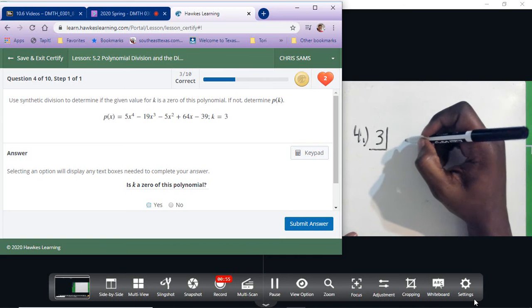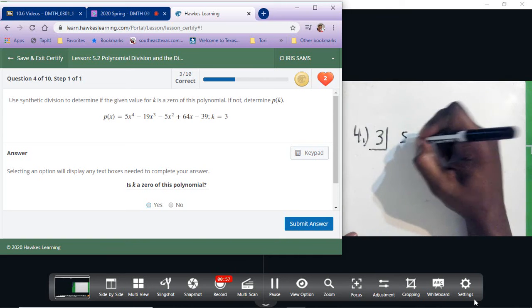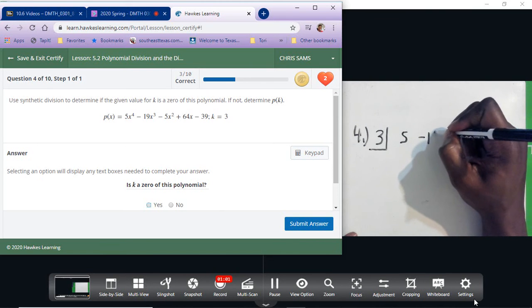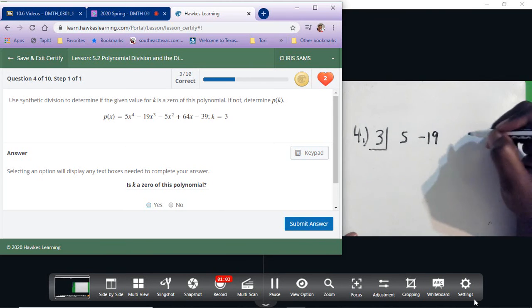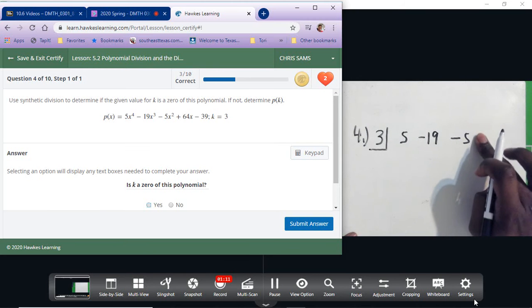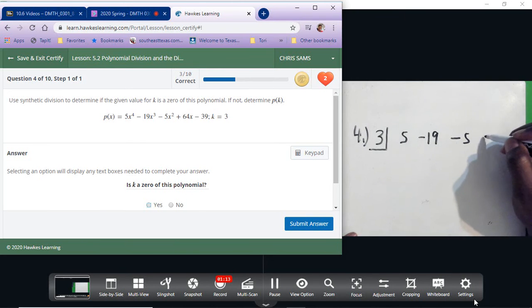So I'm only going to write down 5 from the first term, and then a negative 19 from the second term, minus 5 for the next term, plus, well, we don't have to write plus, just write a 64 as positive, and then a negative 39 for the last term.